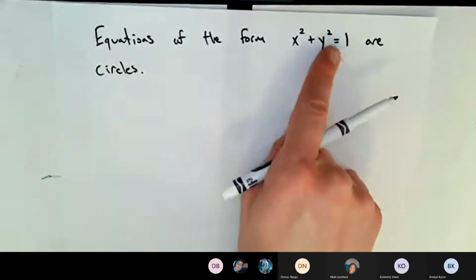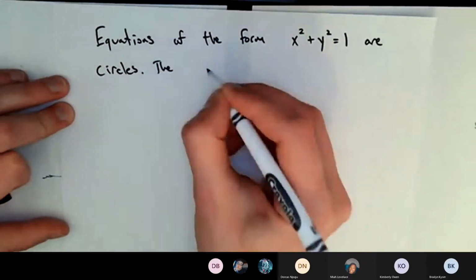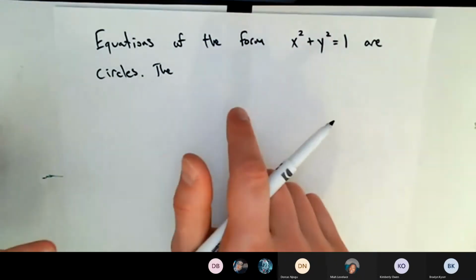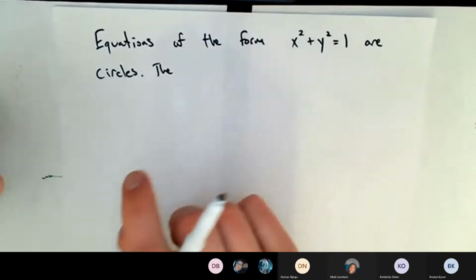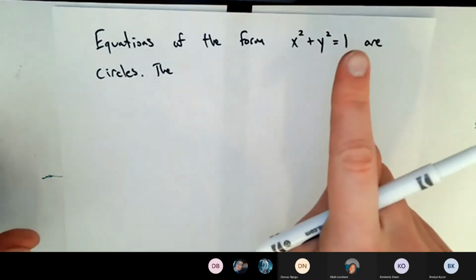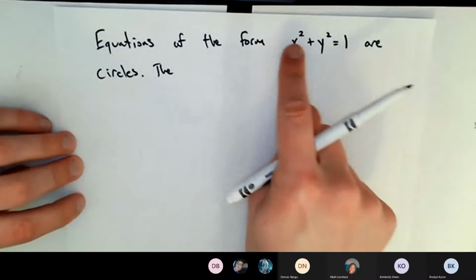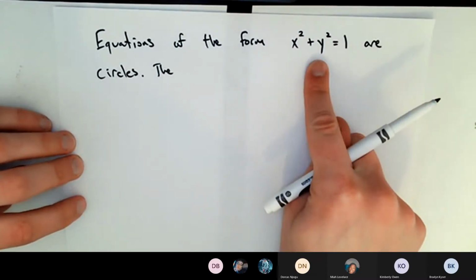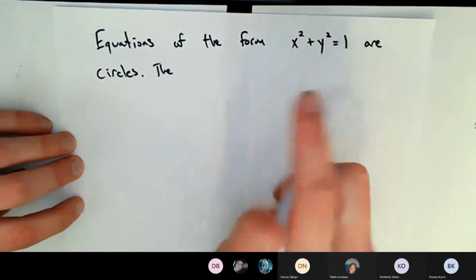The point I want you to note here is that we were noting the exponents earlier, right? If both of the exponents are 1, then it's a straight line. If the exponent on the x value is a 2, then it's a parabola, right? Now here it's in a slightly different form. Y is not explicitly solved for like the other forms, and they're both squared.